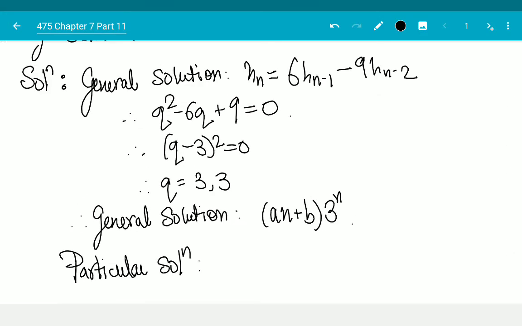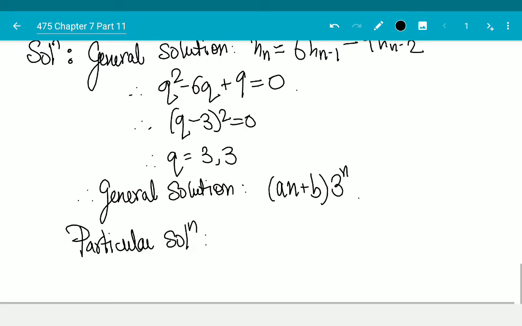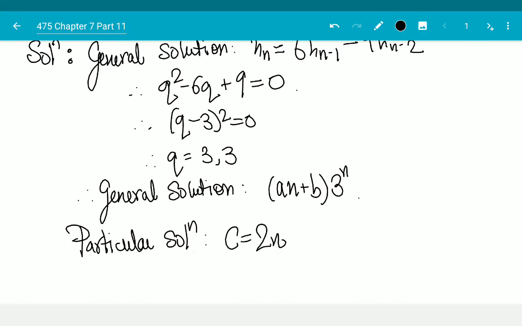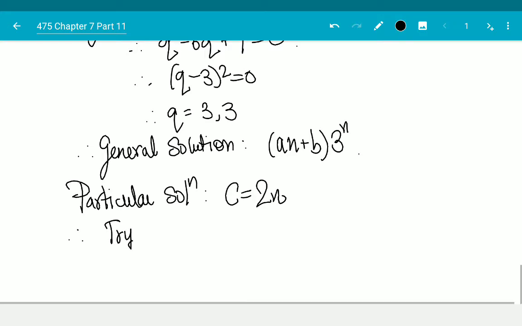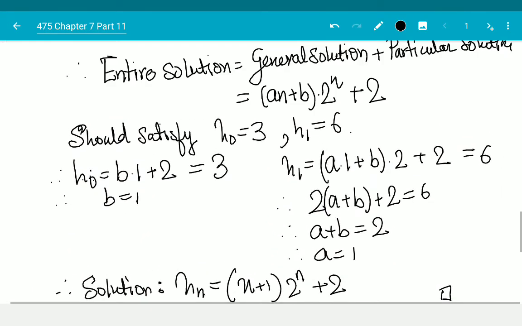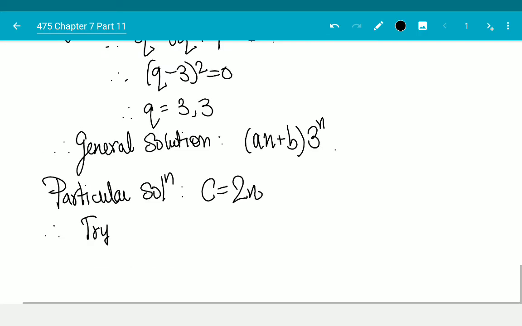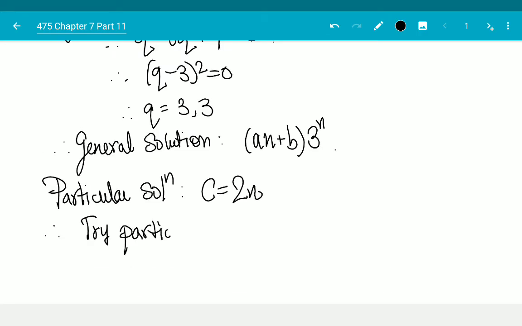Particular solution. Now this time my c is of the form 2n, right? C is equal to 2n. Therefore, what I would have to try is something of the form, try particular solution of the form dn plus e.